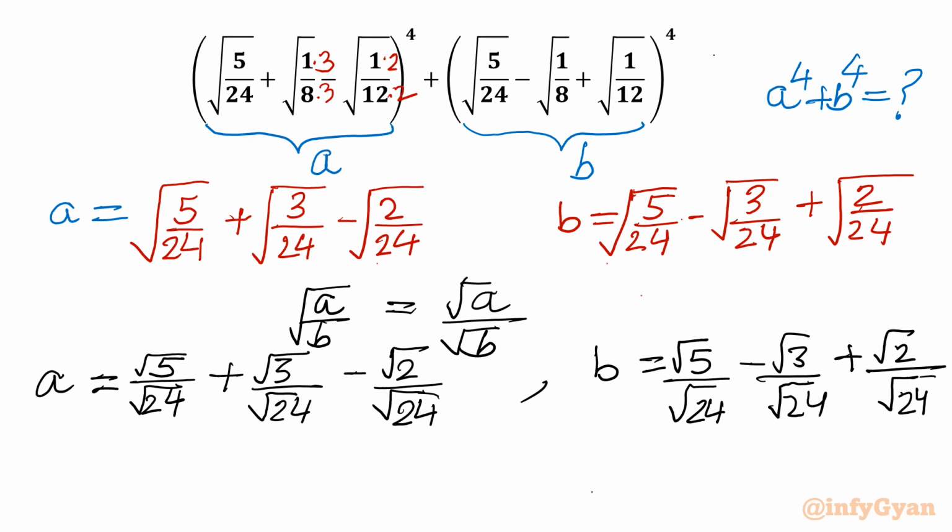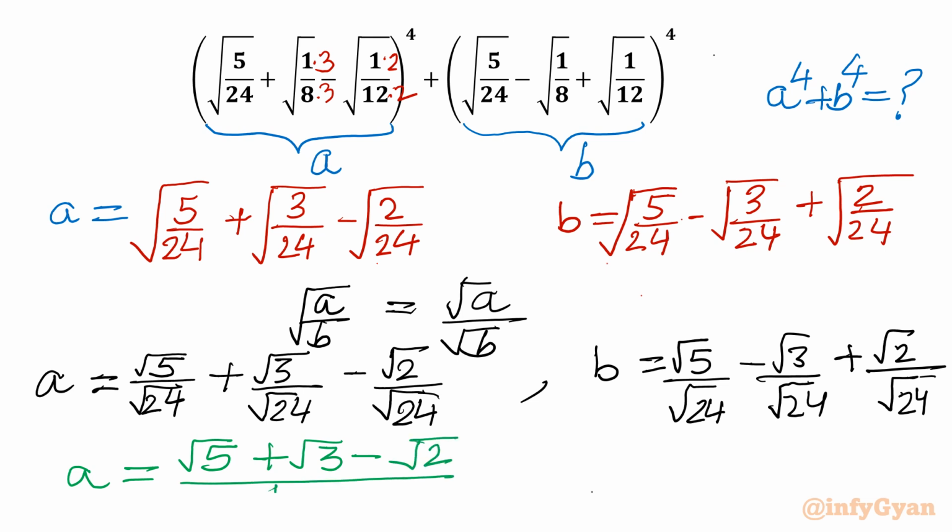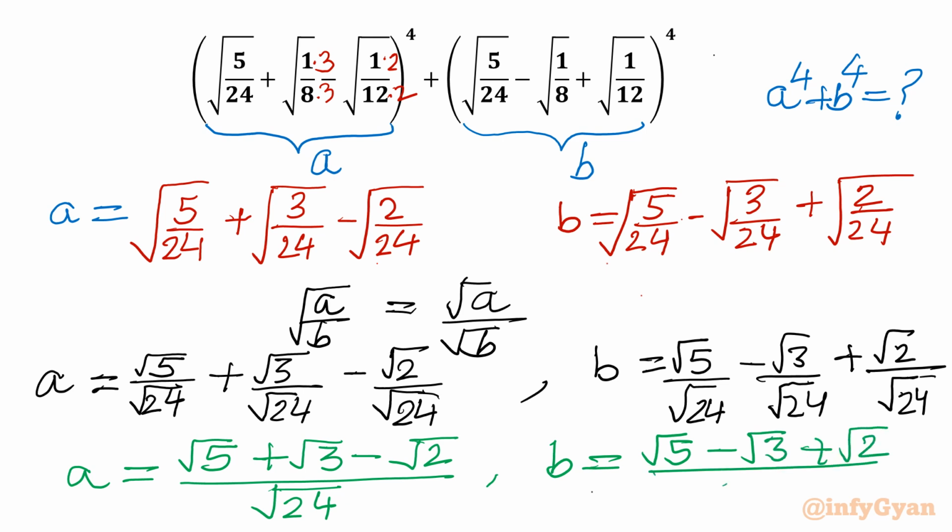So we can write our expressions as A equal to root 5 plus root 3 minus root 2 over square root 24, and B we can write as square root 5 minus square root 3 plus square root 2 divided by square root 24.